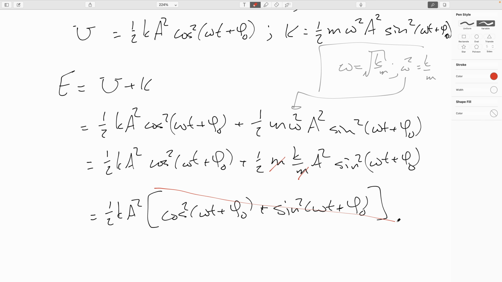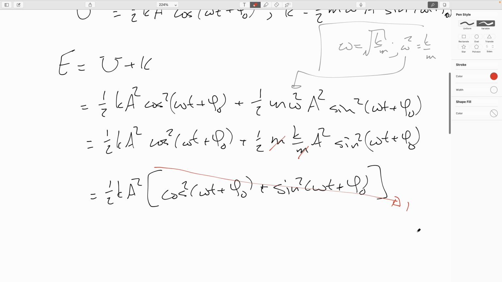So everything in the brackets is just a really fancy way of writing the number 1. And so we get that the total mechanical energy of the system is 1/2 kA squared, which makes sense because that is the potential energy at maximum stretch. But it also doesn't depend on t at all. And so sure enough, energy is conserved, which is a good thing.